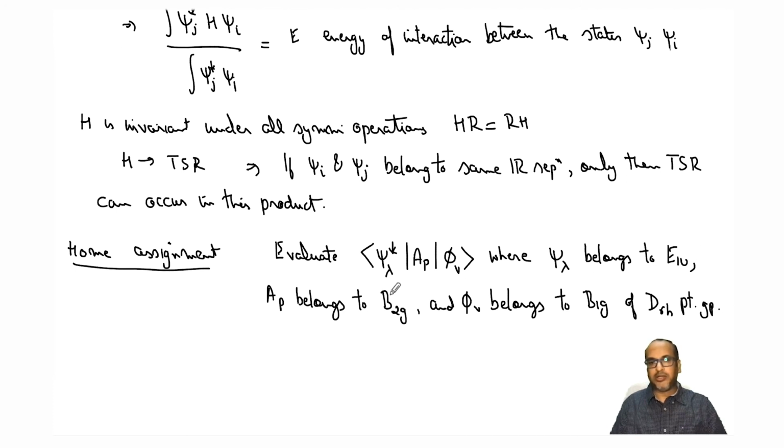So the three representations are given. Psi lambda is E1U, AP is B2G, and phi V is B1G.